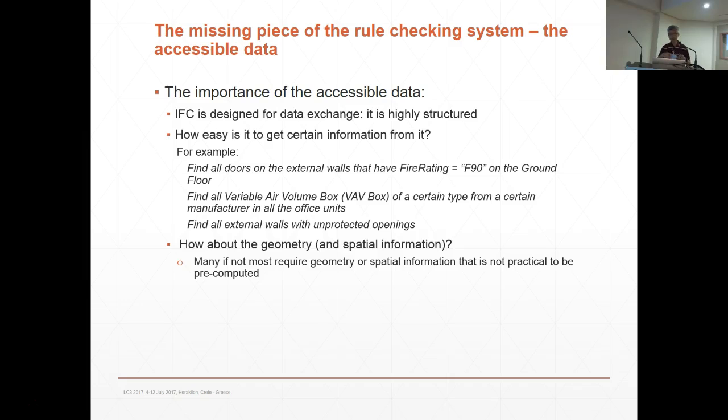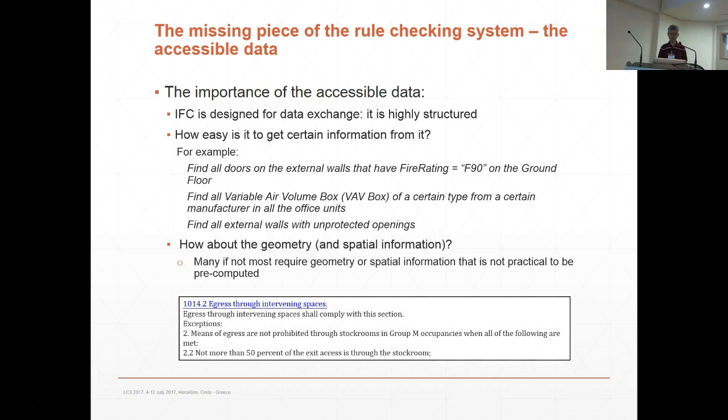Some people put forward the idea that we can pre-compute those. There's a limit to how much we can pre-compute, because there are some relationships that are not predetermined, or cannot practically be predetermined until you actually do something else. This is just one example. There are many other examples. This one is about the egress path.